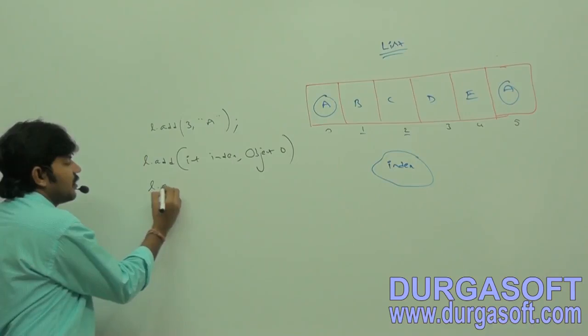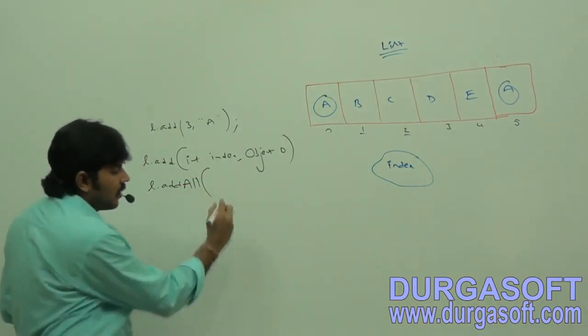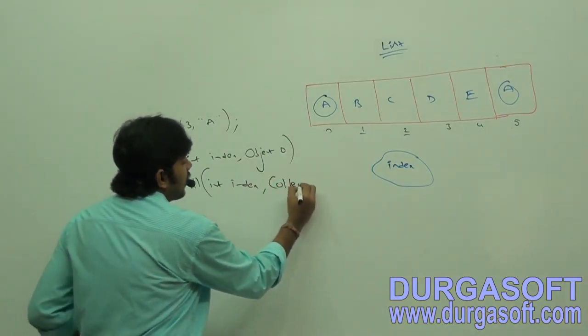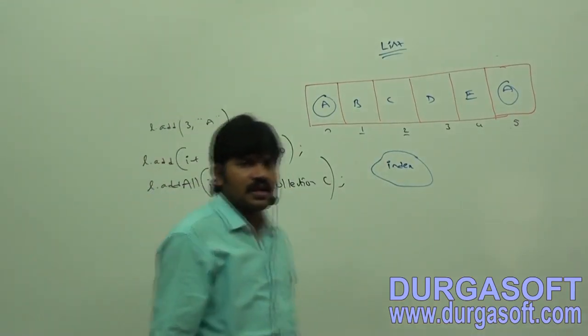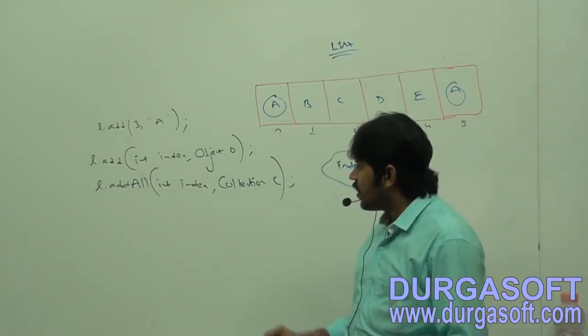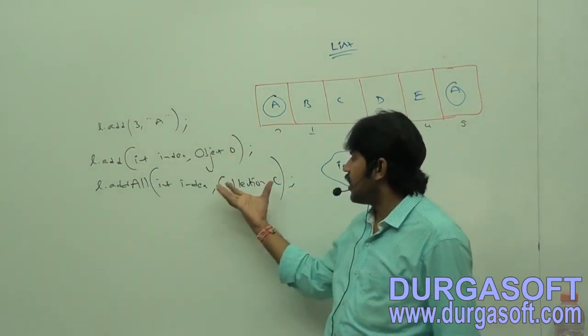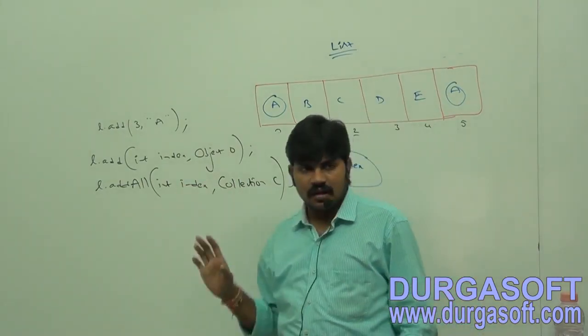Then what is the method? l.addAll(int index, Collection c). So to add a particular object at the specified index, use add; to add a group of objects from this index onwards, use addAll.